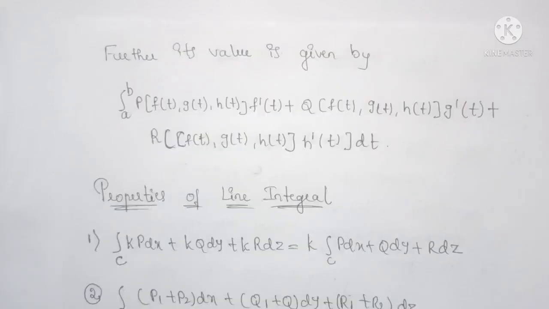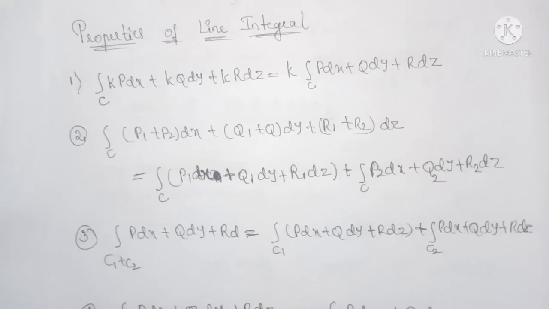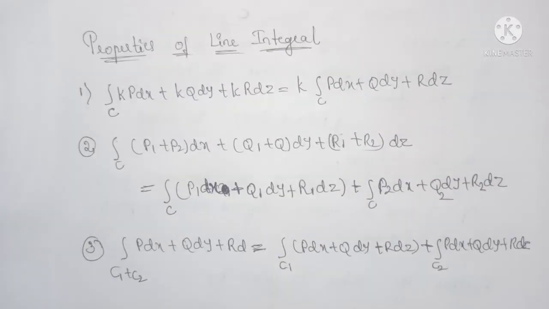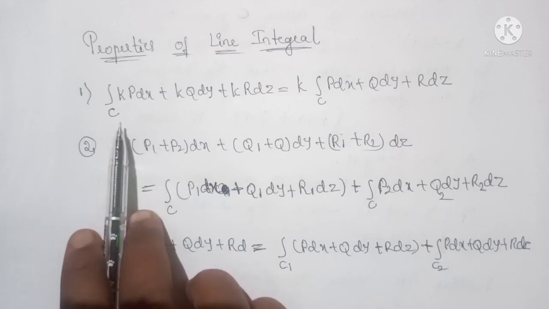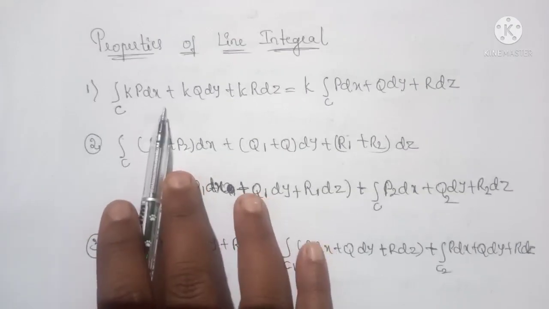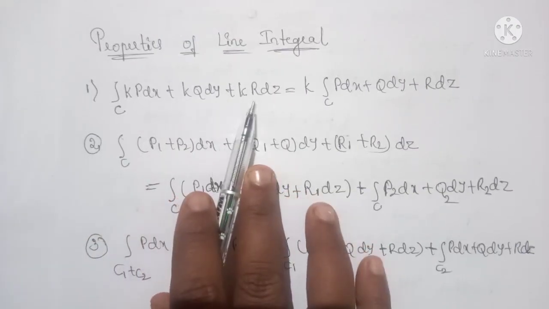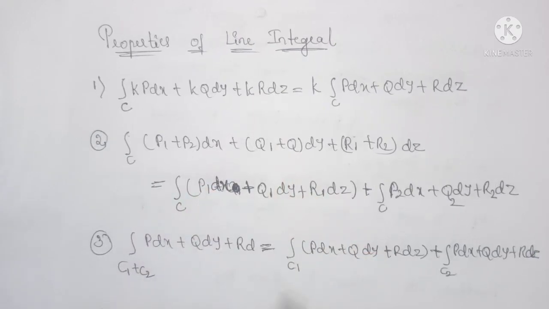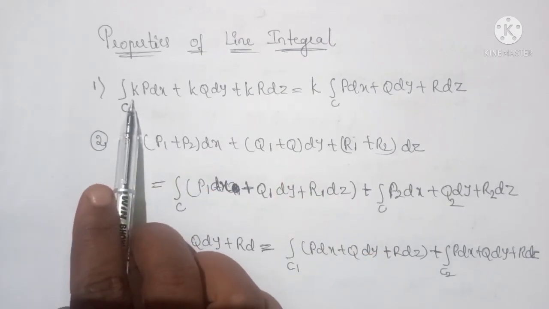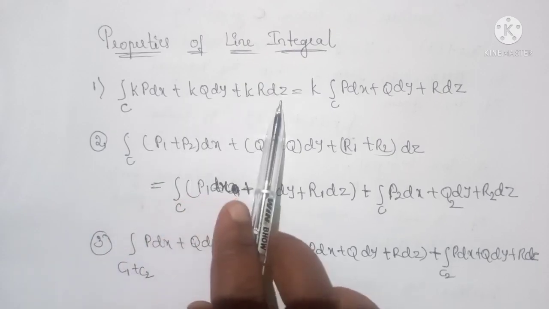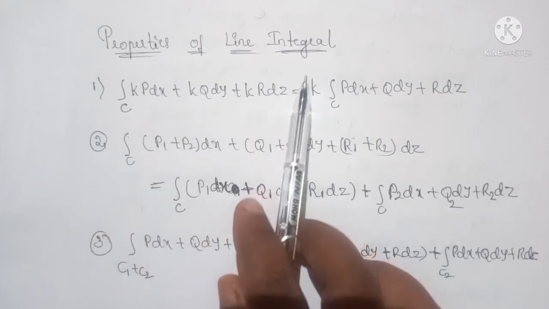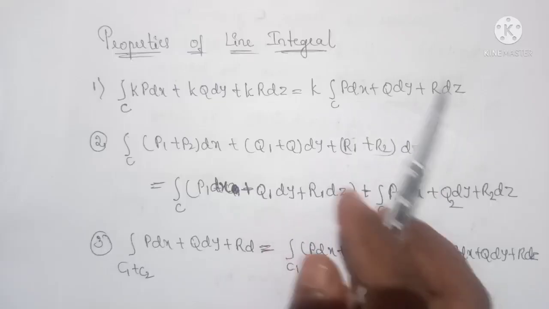Now we have properties of line integral. First property, integration k p dx plus k q dy plus k into r dz. If a scalar quantity k is common in all these three terms, then we can take that scalar quantity outside, and then simplify this integration.